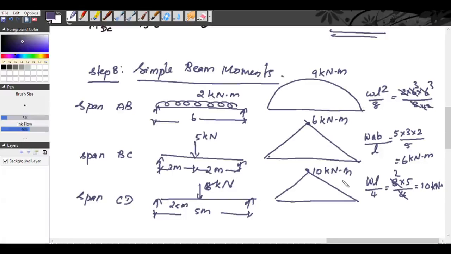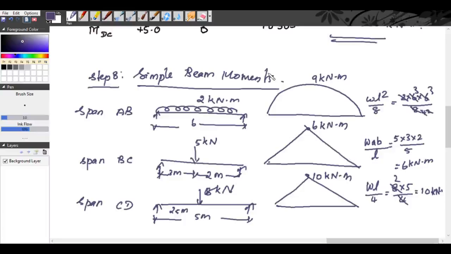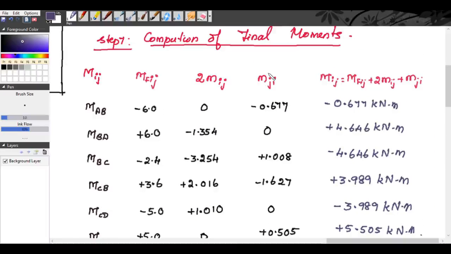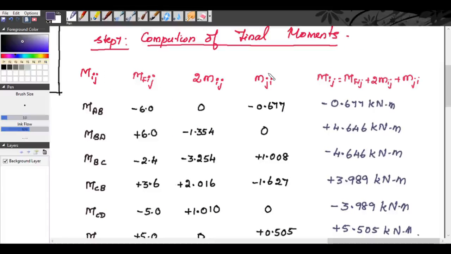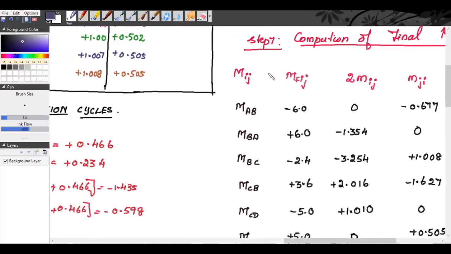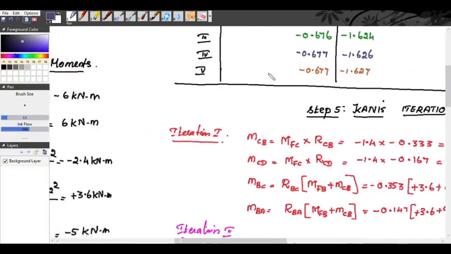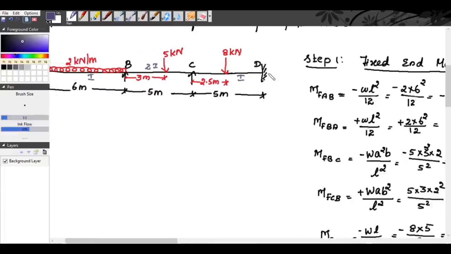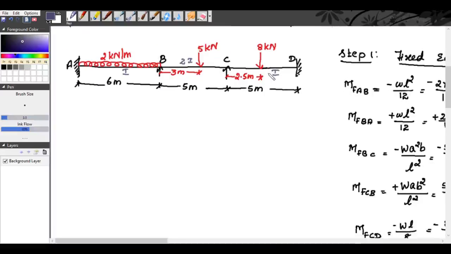So for drawing the final bending moment diagram, first of all we will draw the simple beam moments, then we will draw the final moments.